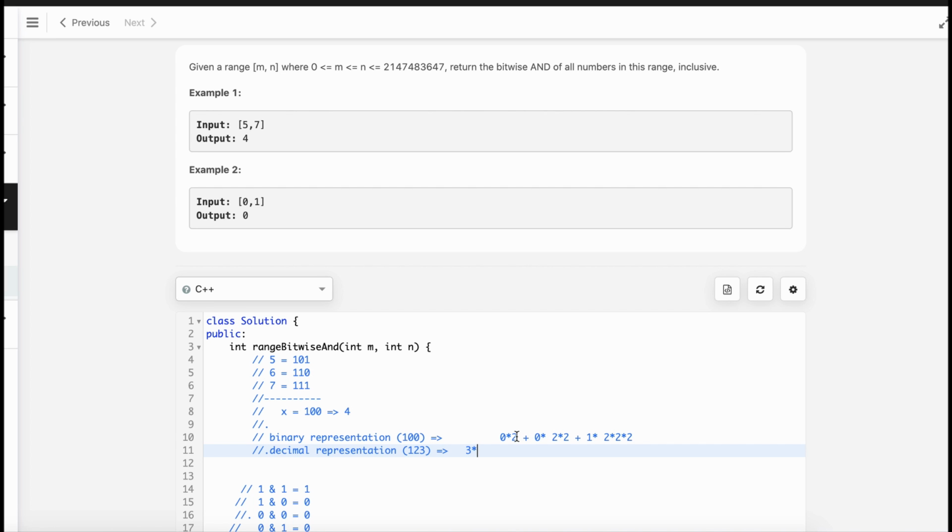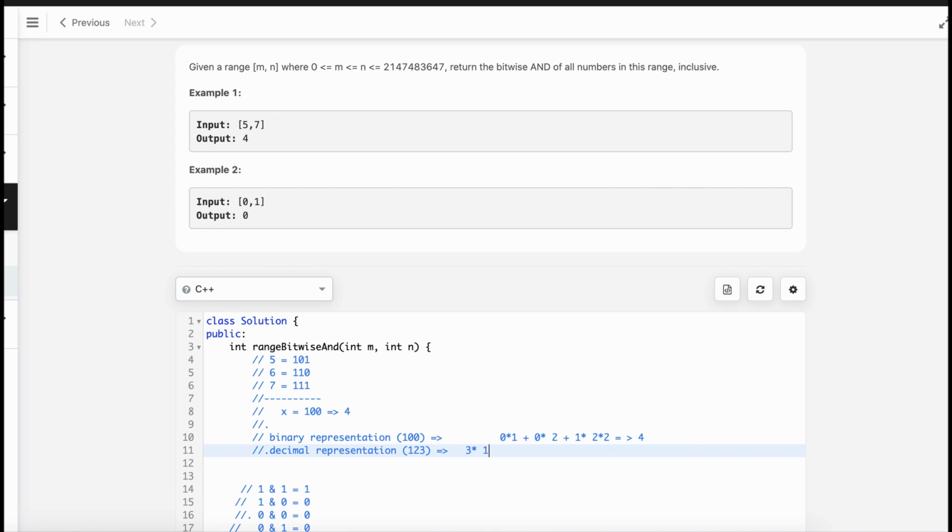There is a simple mistake here: the first position will be multiplied with 1, the next position with 2, and the next with 2 into 2. So the final value is 4.